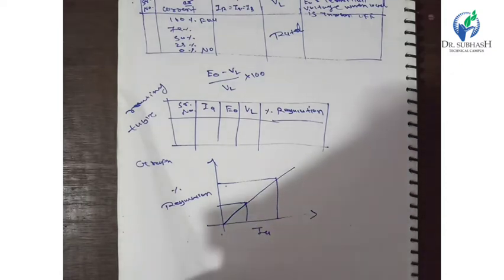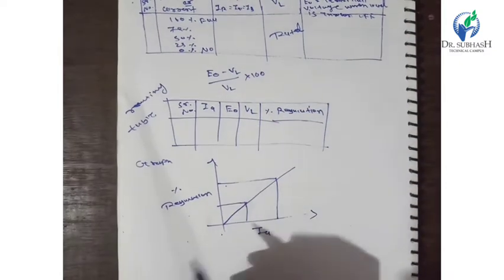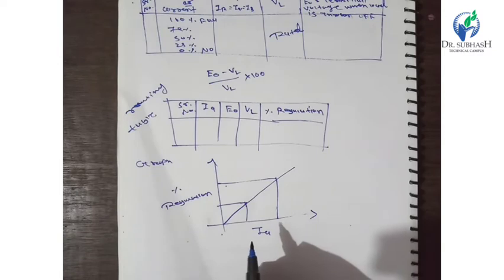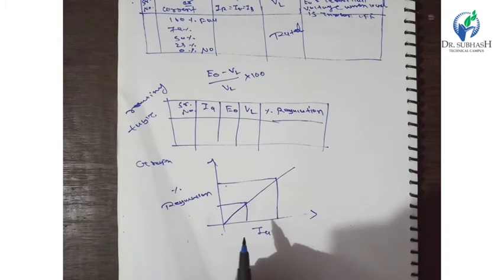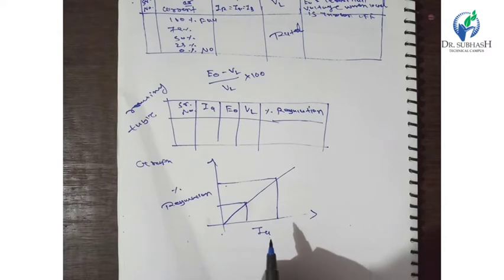We know that this method is accurate because the performance under loaded condition is determined, and the effect of armature reaction is considered practically. This method of direct loading is not suitable for a high capacity alternator because it involves more expenditure of energy and more cost to perform the test.